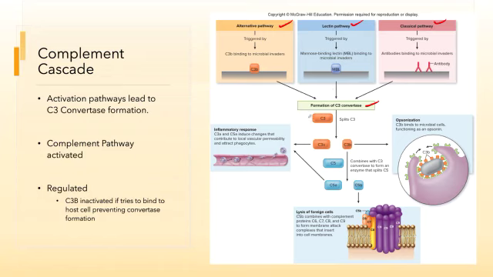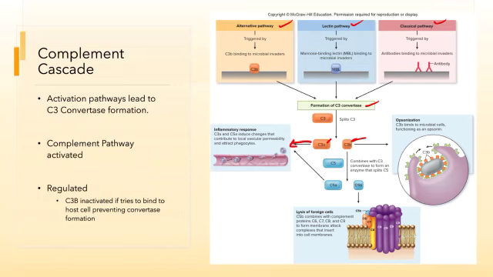This complex, once activated, causes the protein C3 to divide, and C3 splits into C3a and C3b. C3a is a strong anaphylatoxin and also plays a role in inducing the inflammatory response, so it increases inflammation. C3b binds to the surface of bacterial cells, and so the bacterial cell will get coated with a whole bunch of C3b proteins.